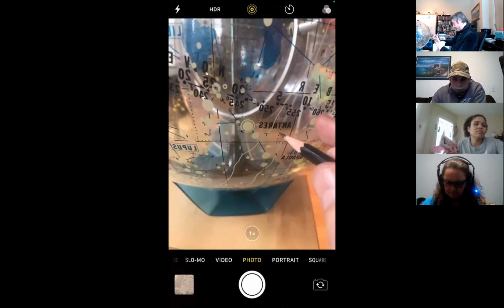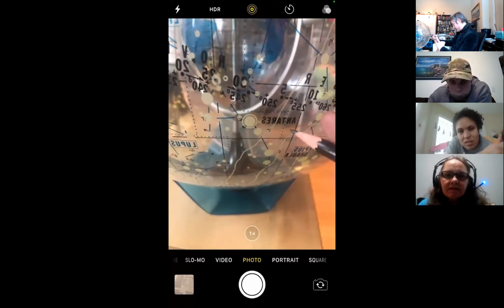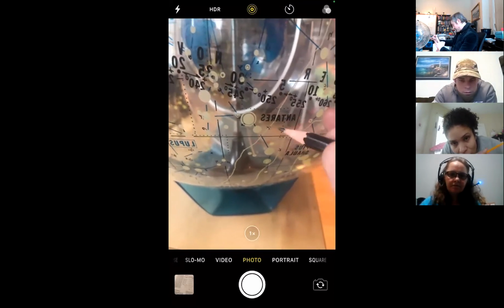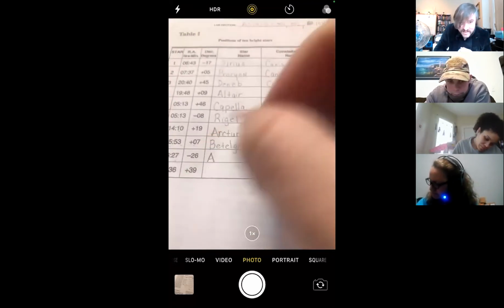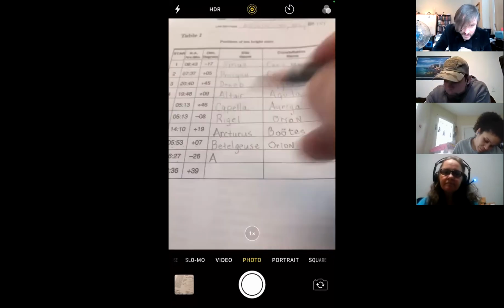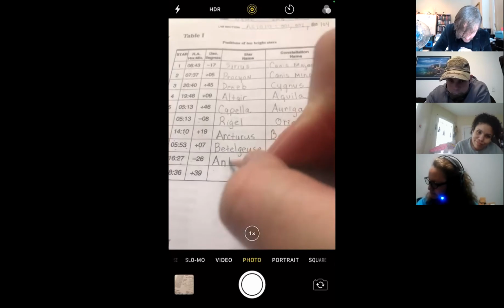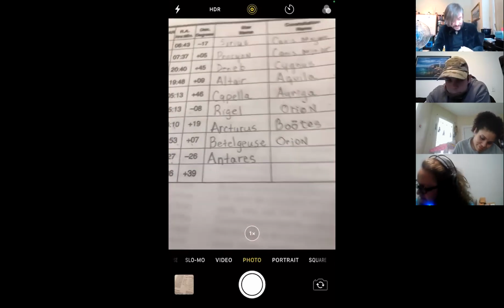What's my star? Antares? Antares, yeah. And you know what Antares means? It means anti-Mars. So people named this anti-Mars because it's a very red star like Betelgeuse. And it was supposed to be the opposite of Mars.